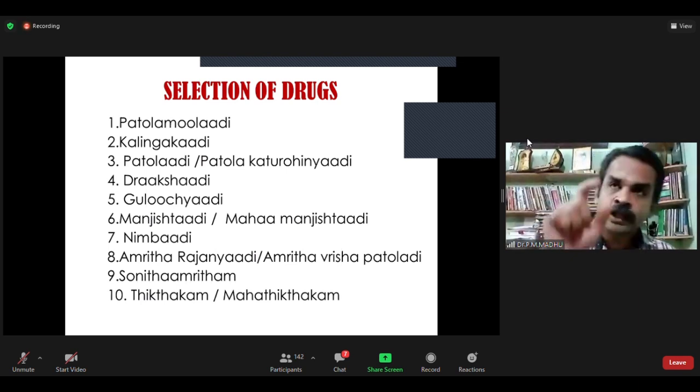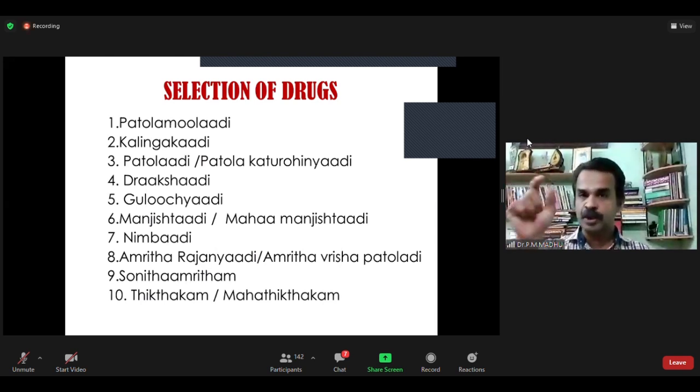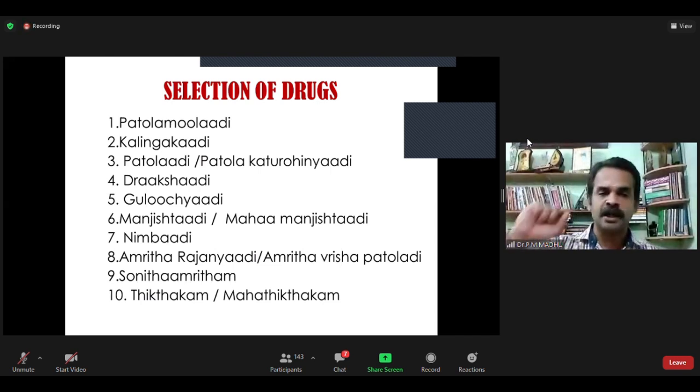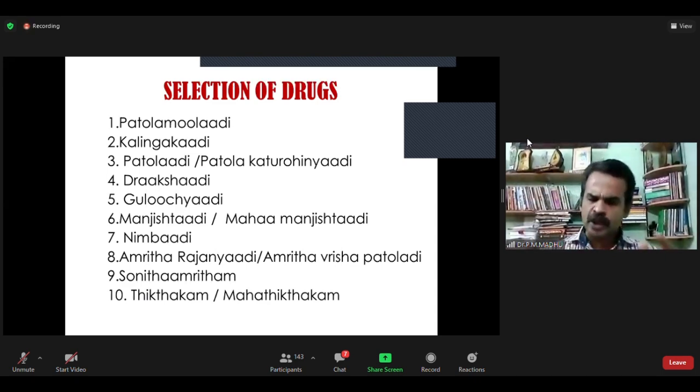These are the drugs detailed in Vishamajvara Prakarana of Jvara Chikitsa, with rasa gata ama chikitsa, rakta gata ama chikitsa, mamsa gata ama chikitsa. Like that, the dhatu gata ama chikitsa is detailed. So we can select Kalingadi or Patola Sariba Musta Bhadra Katukarohini, or more or less the same Patola Katurohinyadi Kashaya.